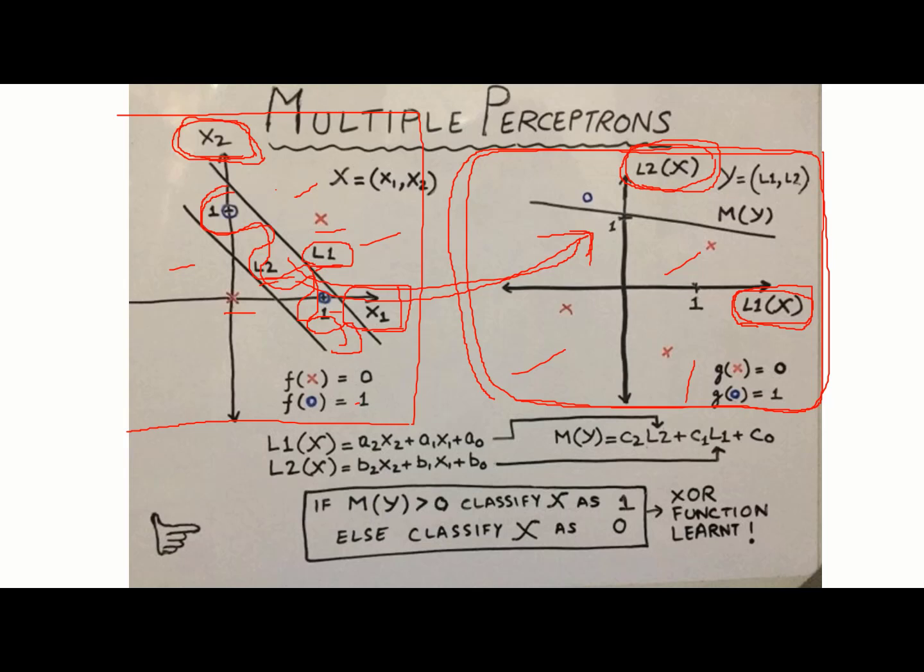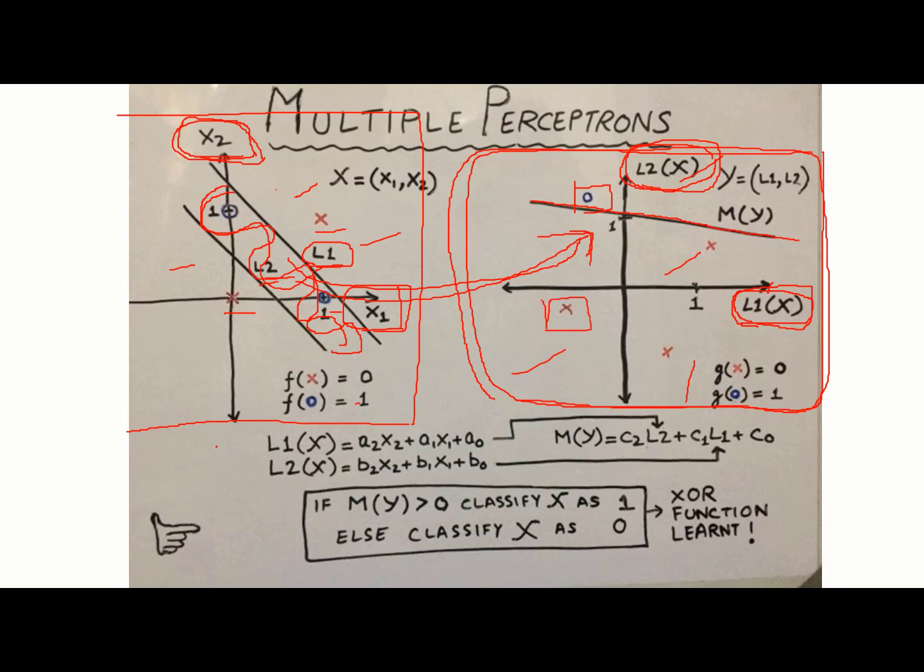And we knew that we needed to combine L1 and L2 using some kind of an AND logic, where L1 was positive and L2 was negative. And that unknown function G in the previous slide was learned by using this straight line, linear classifier, which is separating this blue circle from the red cross.